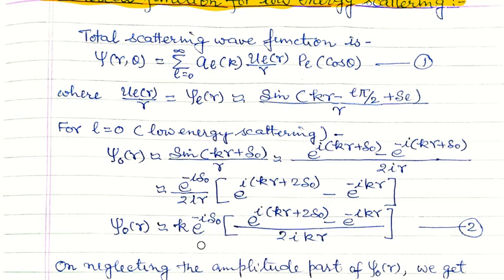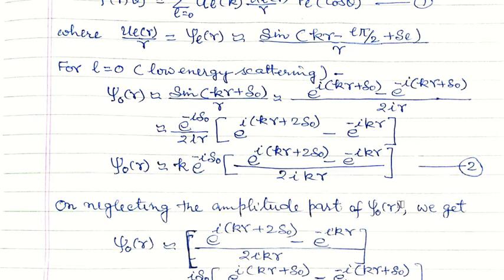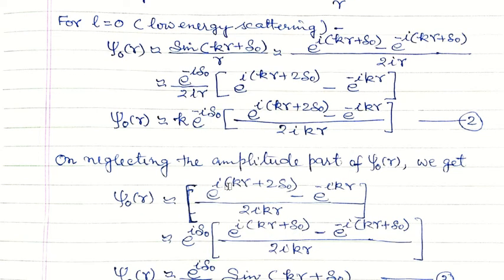Now in this equation 2, this value is the amplitude part of the wave. So let us neglect this amplitude part, then the wave function psi_0(r) becomes whatever we get in this bracket, e to the power iota (kr plus 2 delta_0) minus e to the power minus iota kr.